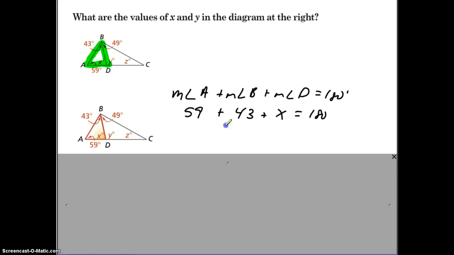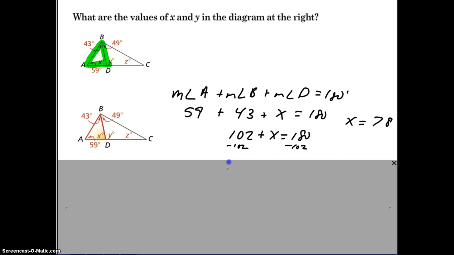So we have 59 plus 43 plus x equals 180. Combine like terms: 59 and 43 is what? 102, plus x equals 180. Then I need to subtract 102 from both sides, and I get that x is 78 degrees.